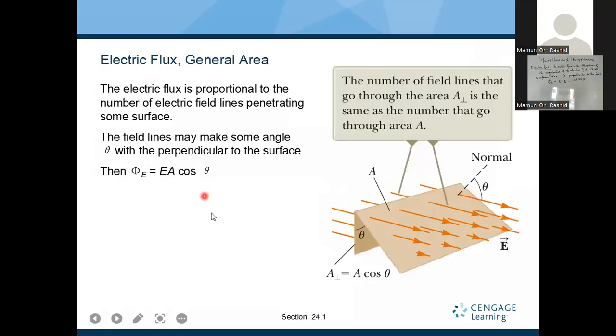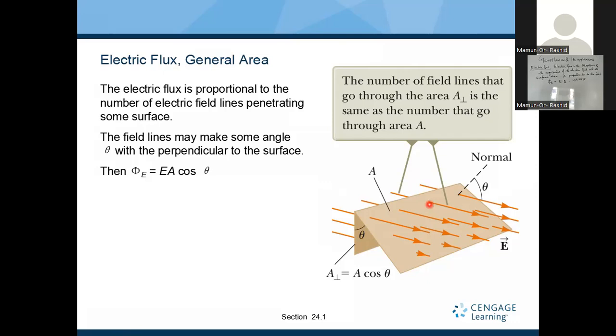Now, what will the electric flux be for a general area? The electric flux is proportional to the number of electric field lines penetrating some surface. The whole set of penetrating electric lines of force makes the electric flux. The greater the electric flux, the greater the number of electric lines.